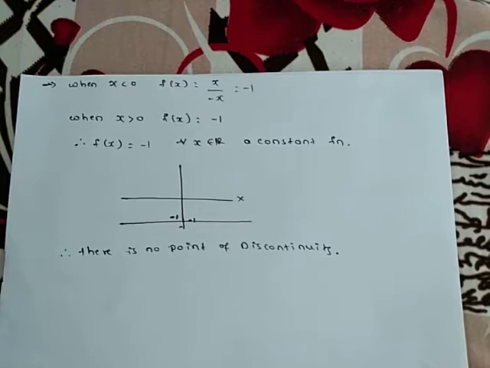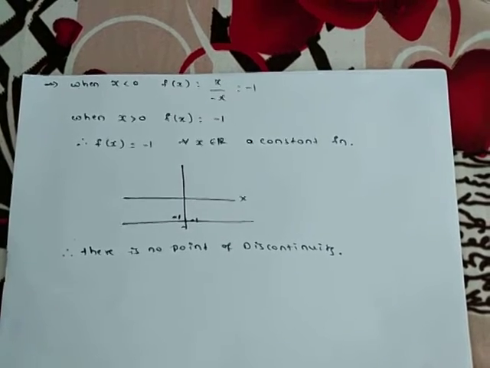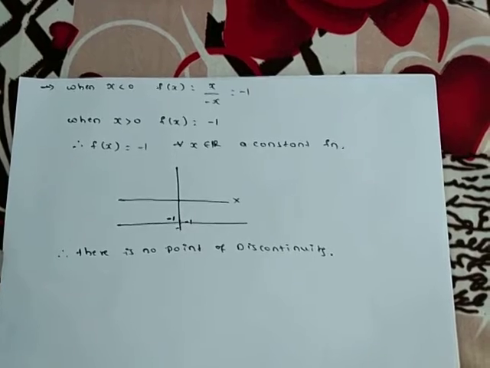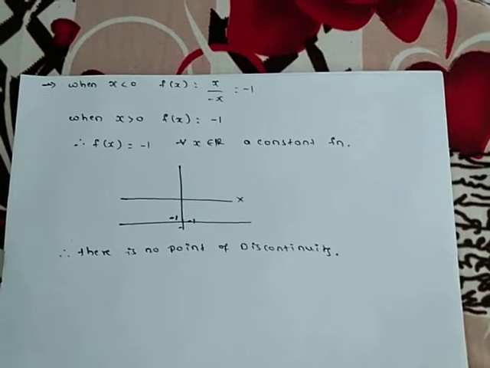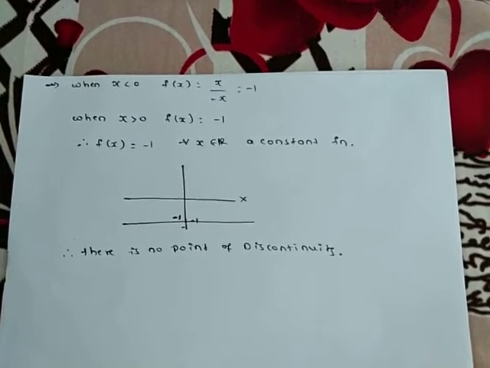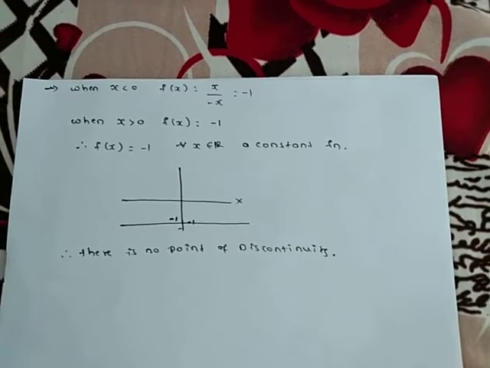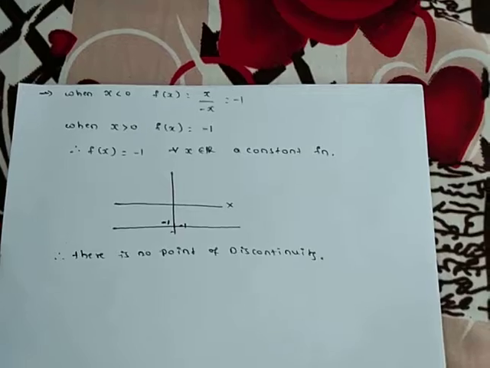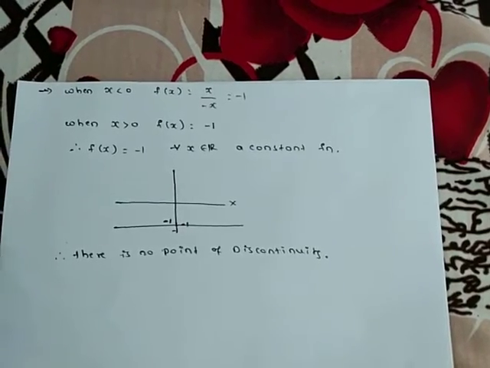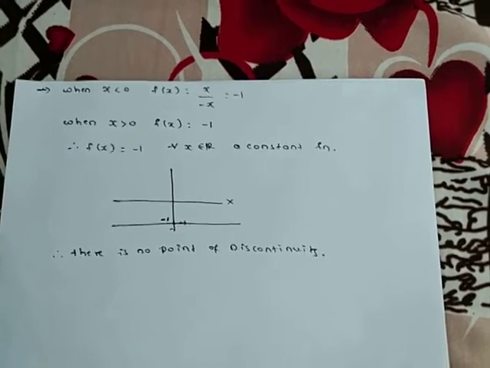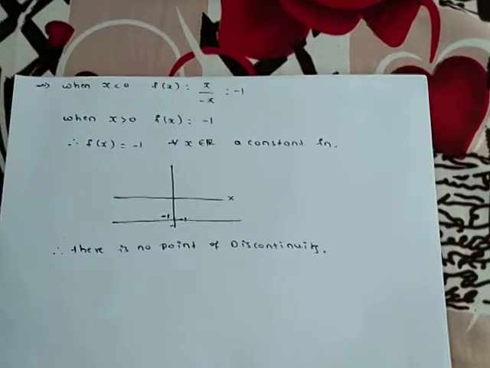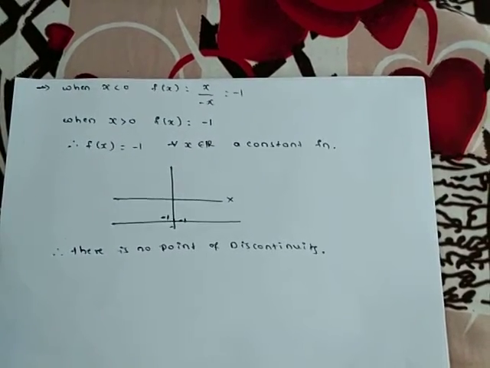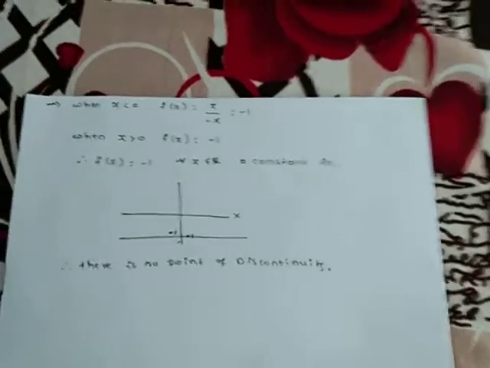So f of x is equal to minus 1 for all x belonging to R, because we have chosen R as the domain. If you pick any point in the domain, it is minus 1, because it is a constant function. Therefore every constant function is a continuous function, so there will be no points of discontinuity in this problem. Observe the graph here.